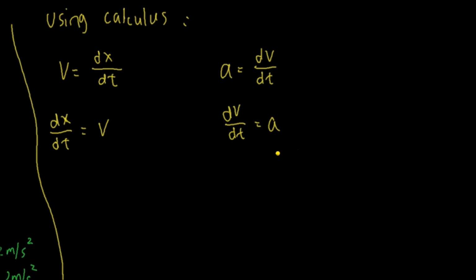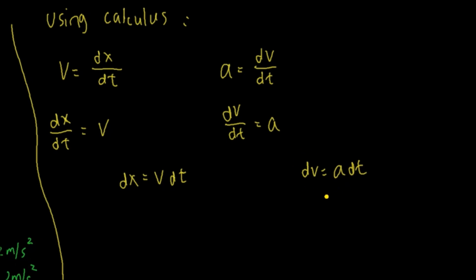Now multiply both sides by dt, we have dx equals v dt. And on this side, dv is equal to a dt. However, we don't have a time component in that equation, so we want to eliminate the t here. So we should leave dv here.